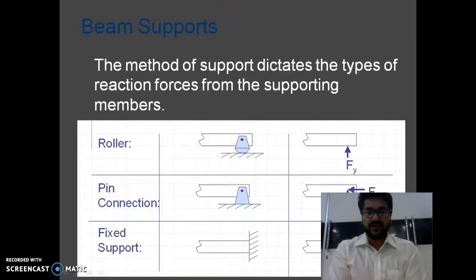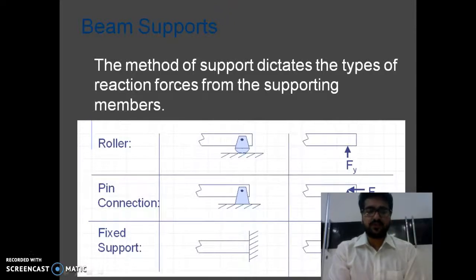Moving ahead, there is a second diagram here showing some forces with their respective symbols. F stands for the reaction forces, and the subscript X or Y denotes the direction of the force. As you can see, the roller generates a simple Fy upward, that is, a reaction force in the upward direction.